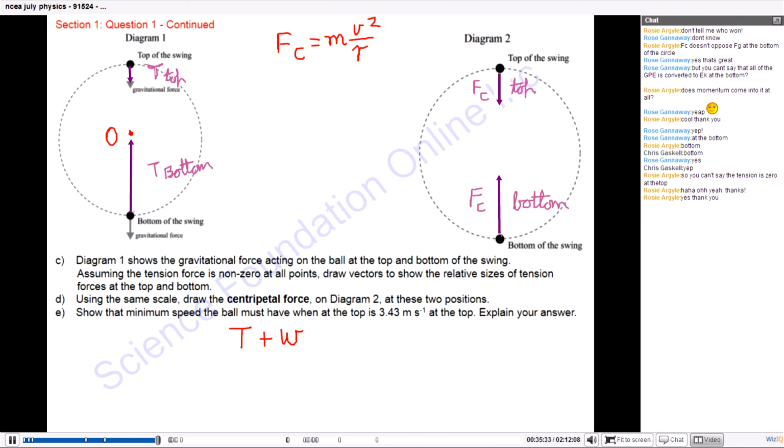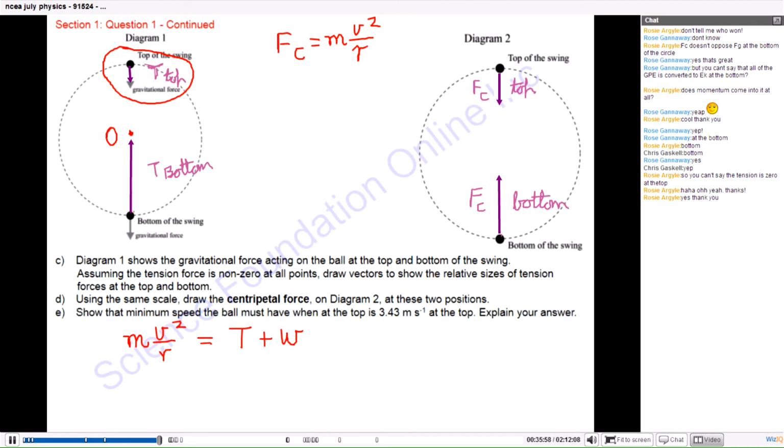So that's going to be equal to mv squared on r. I can do it like this, otherwise I could have done it by writing down an inequality. But if I write it with an equation, mv squared on r is equal to T plus W at the top over here.